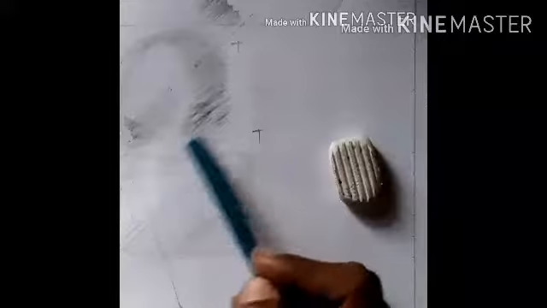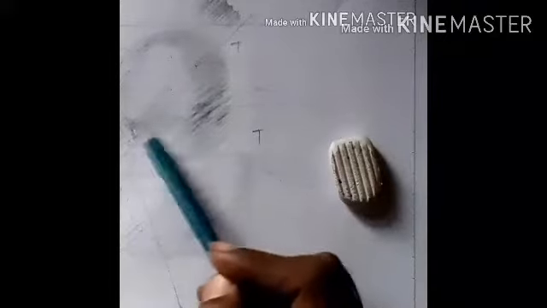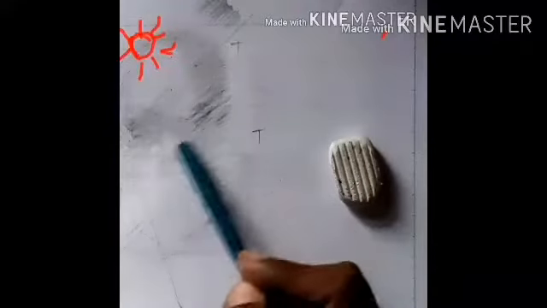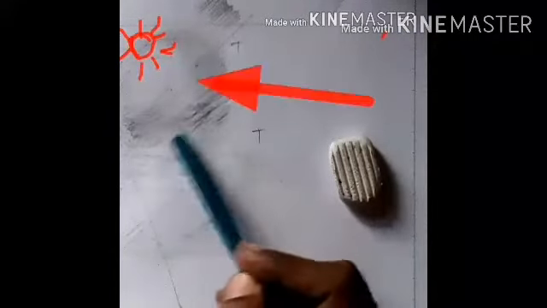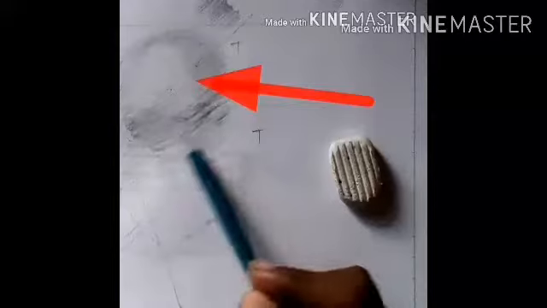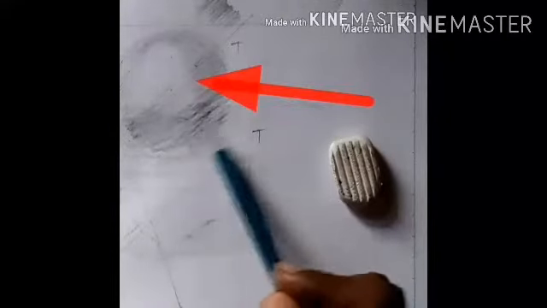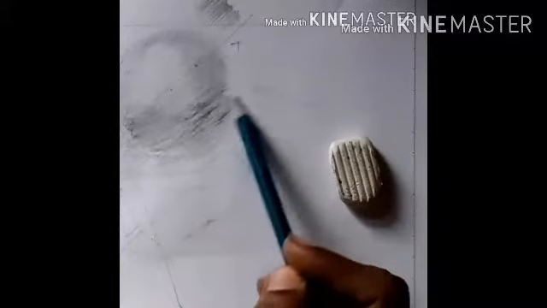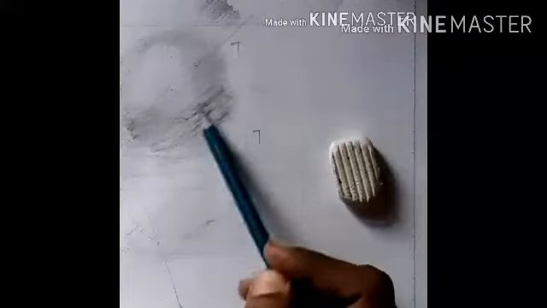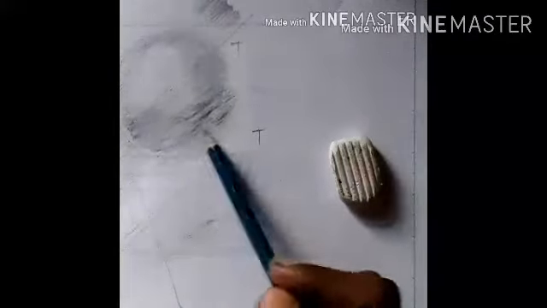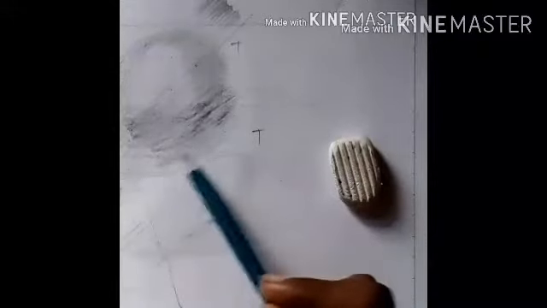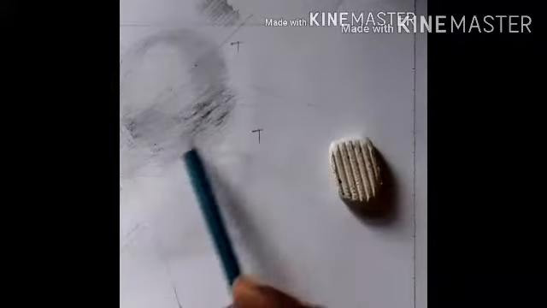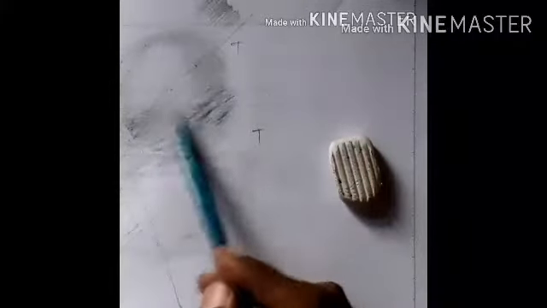Here is the core light area, the area where the light source comes directly, but it is darker than the highlight. Use a balanced amount of pressure.